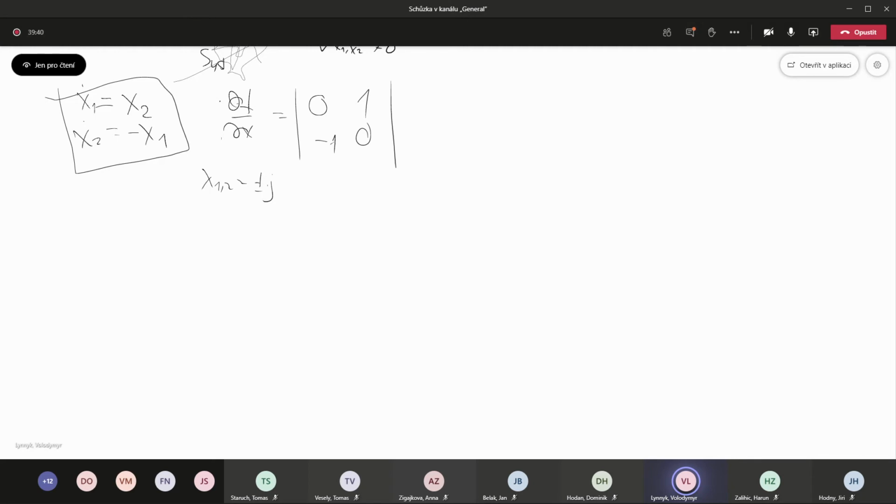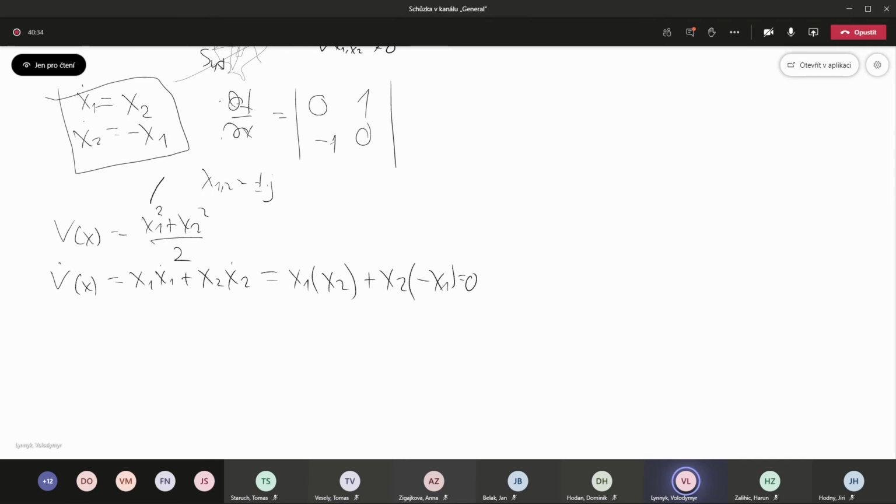I only want to show you how we can apply it. V(x) equals (x1 squared plus x2 squared) divided by 2, and V dot of x equals x1 x1 dot plus x2 x2 dot, which is x1 times x2 plus x2 times minus x1, and it's equal to 0.